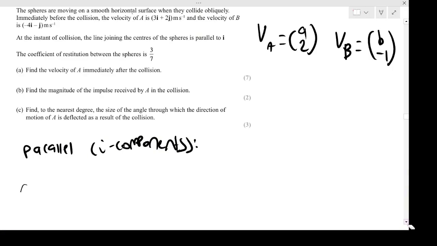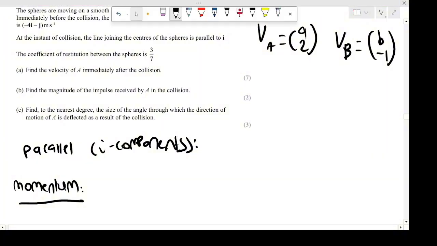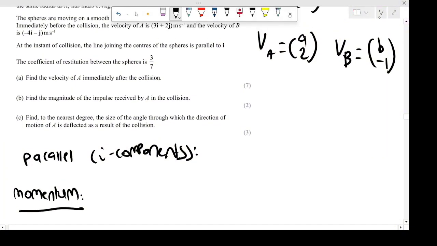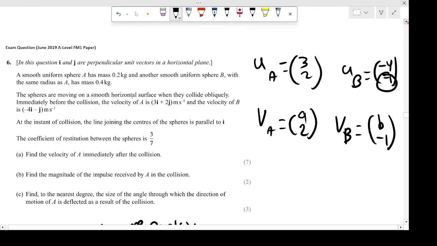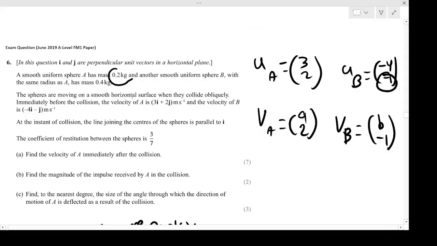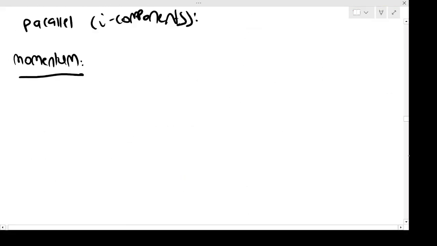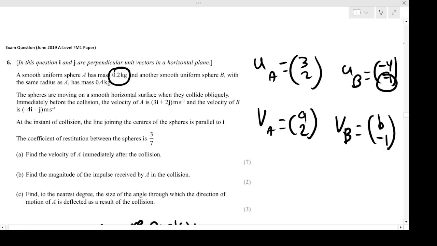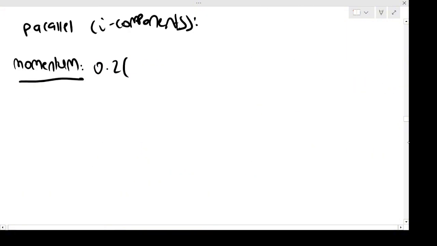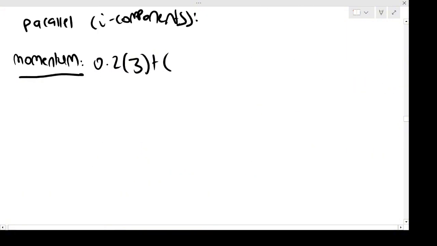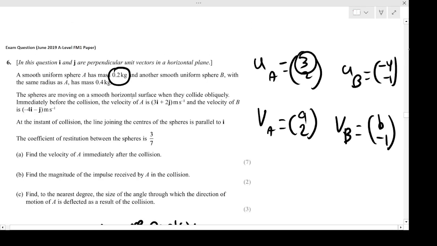So firstly, momentum. Well, for A, the mass is 0.2. So it's going to be 0.2 lots of the initial i component for A, which is 3. And then for B, the mass is 0.4.